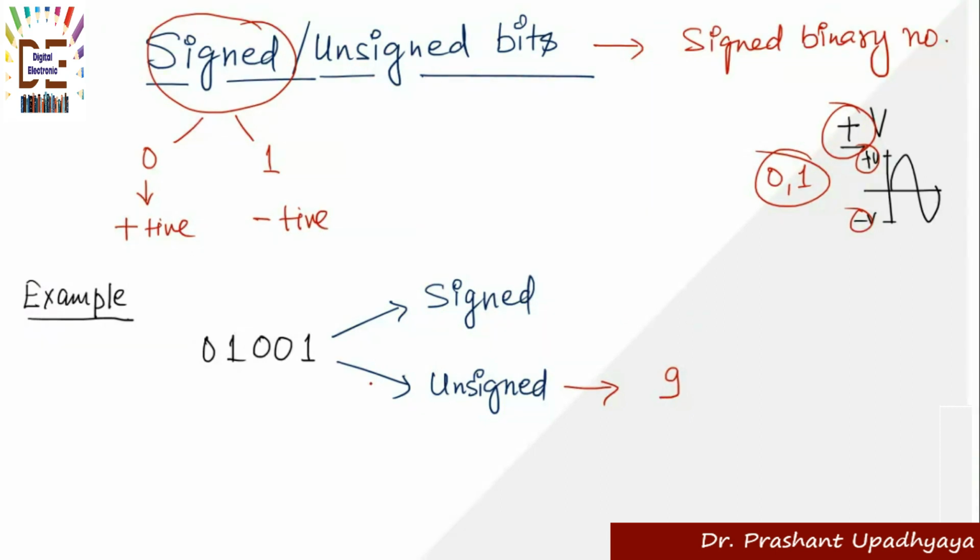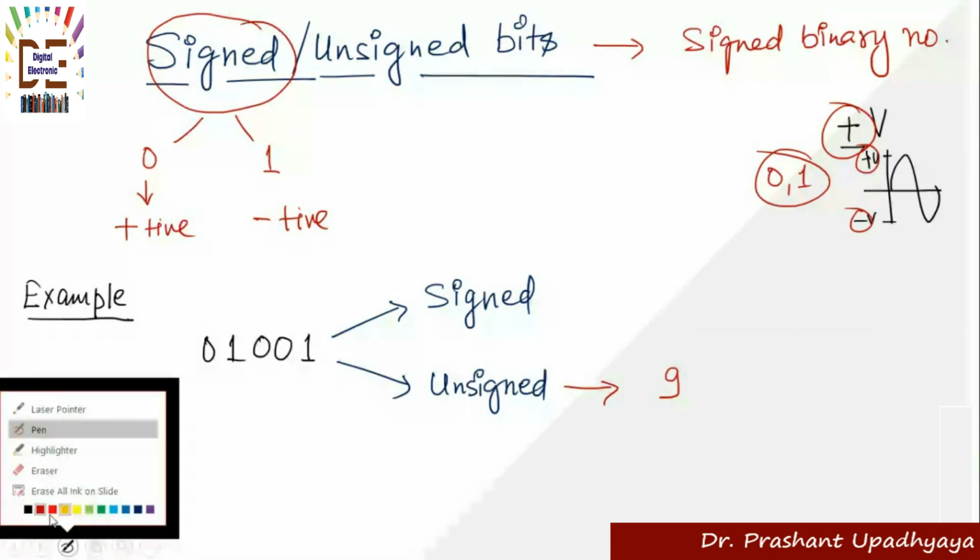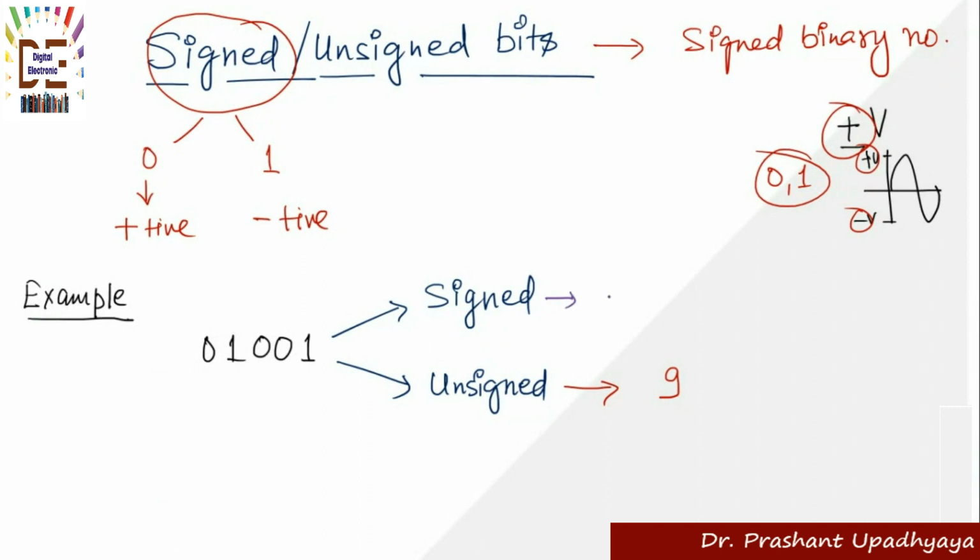If I take this number as a signed number, then the leftmost significant digit is 0, so 0 will represent it as positive.